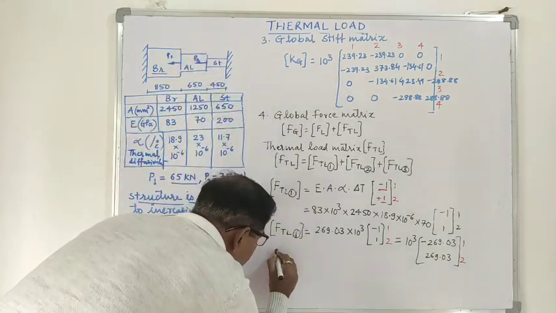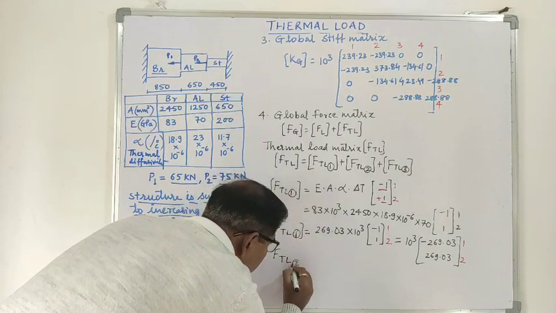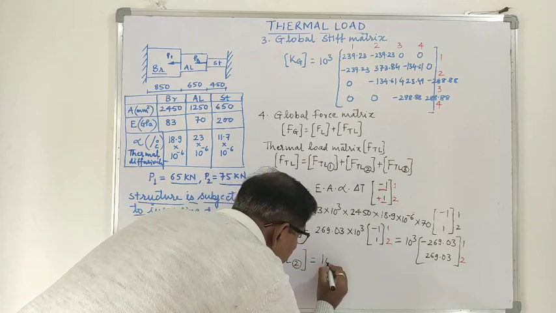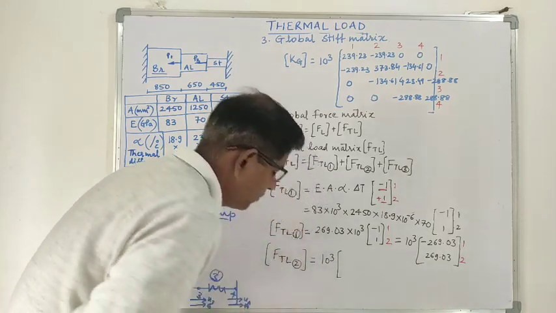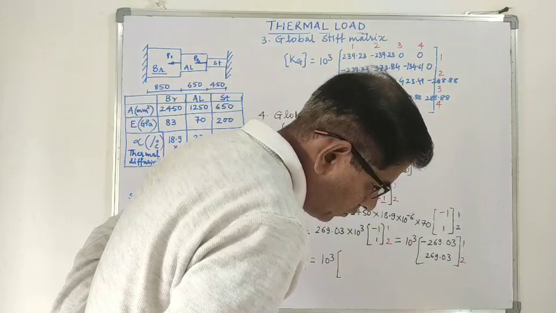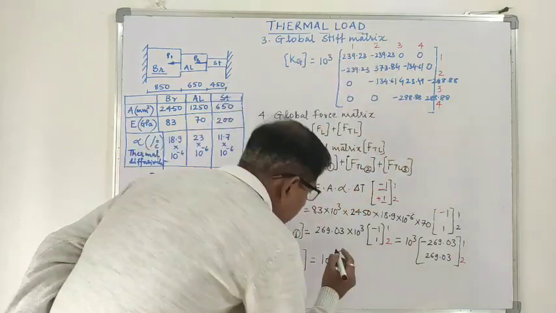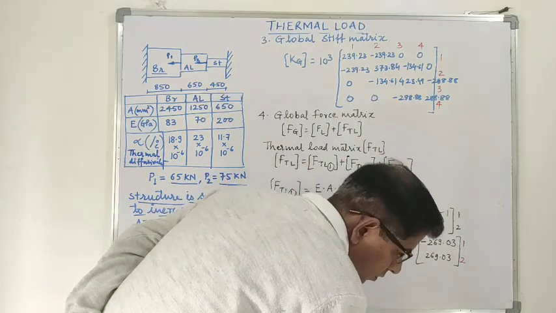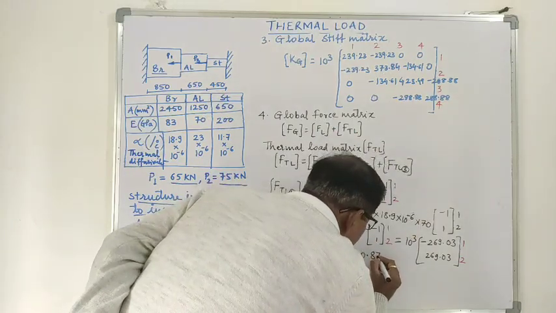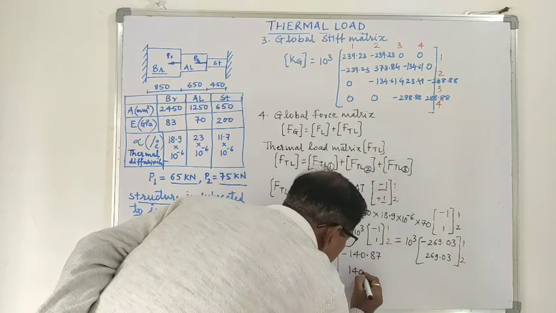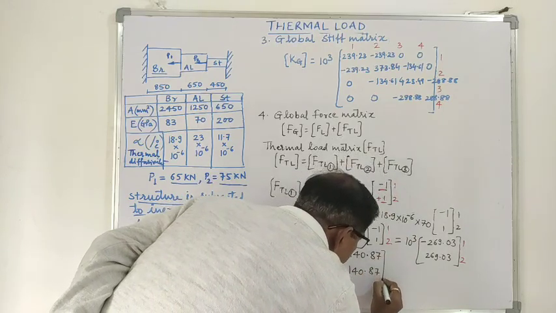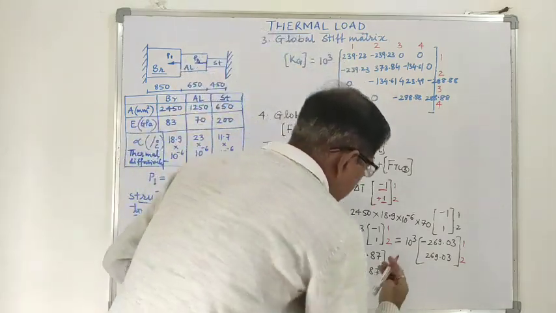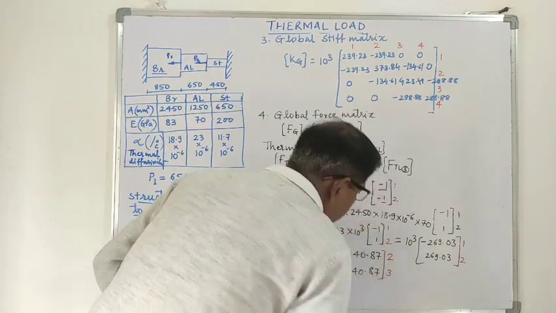Similarly, the thermal load matrix for element number 2 is calculated as 10 to the power 3 outside the bracket, and it is minus 140.87 and 140.87. This is for node number 2, 3.